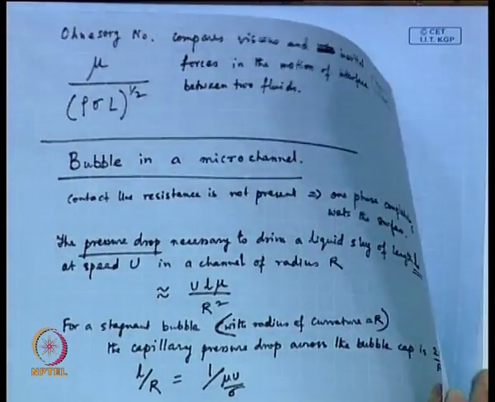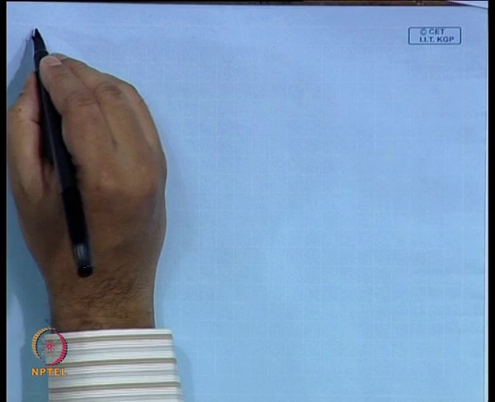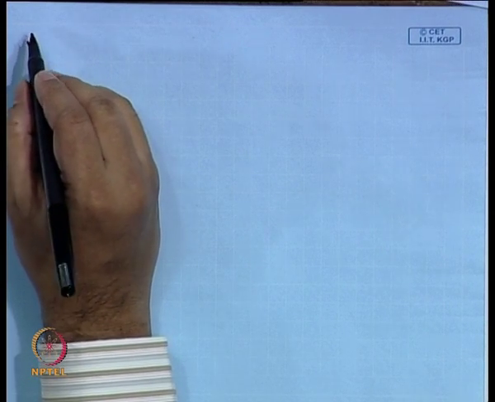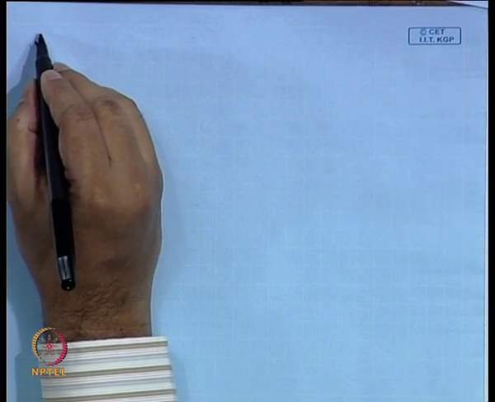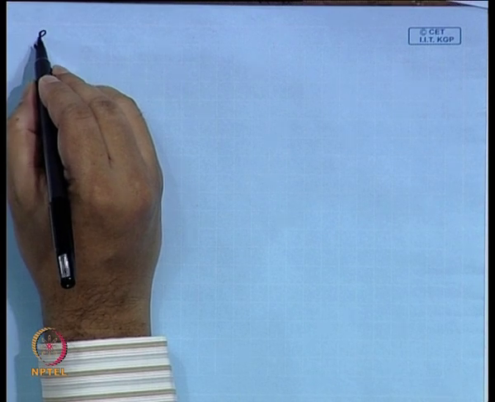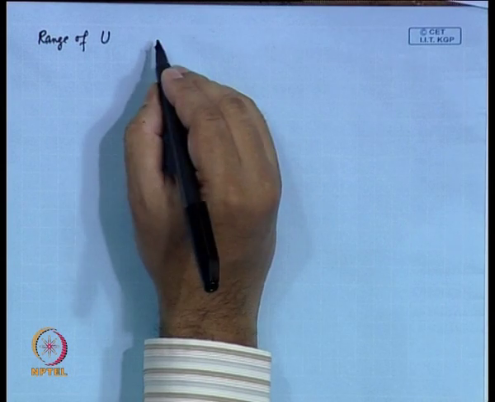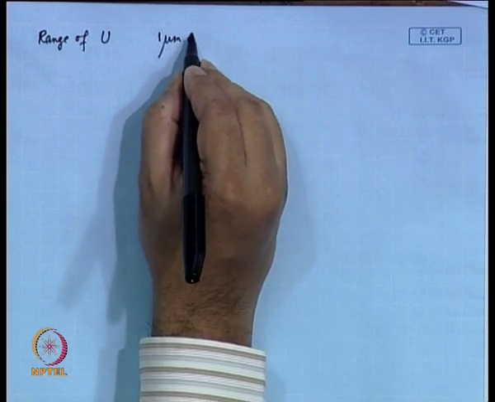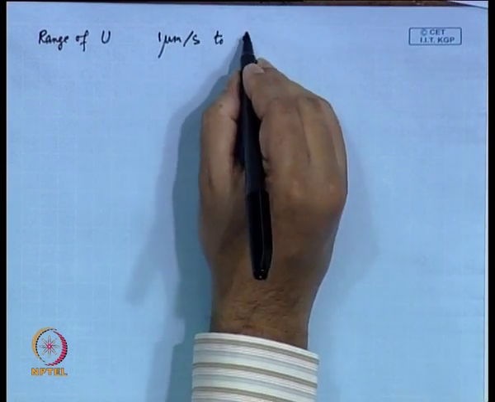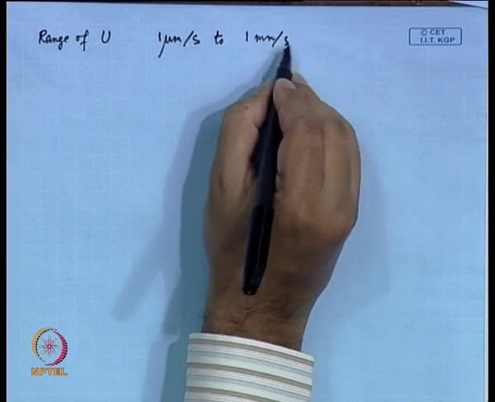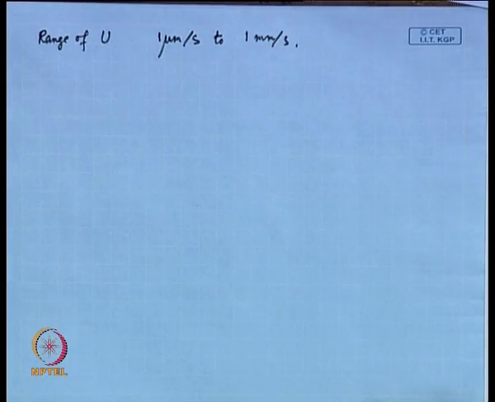Now, let us talk about a range for the velocity, say u ranges from 1 micrometer per second to 1 millimeter per second. Let us put this as the range for u.